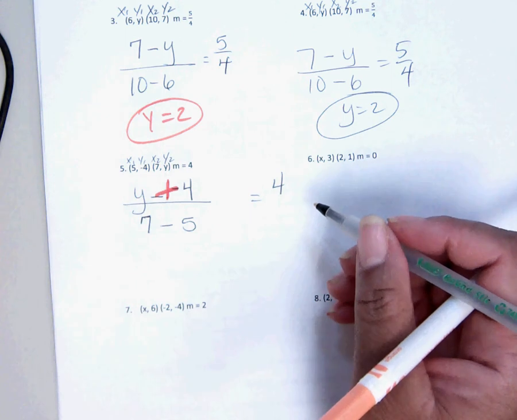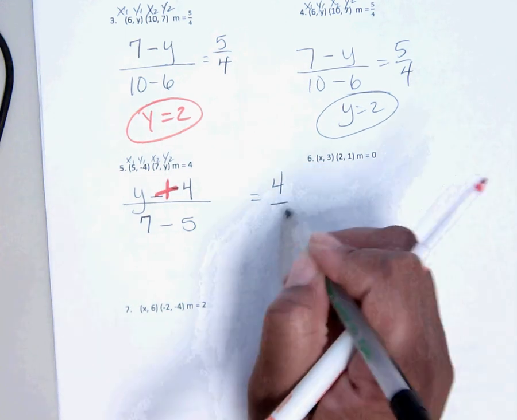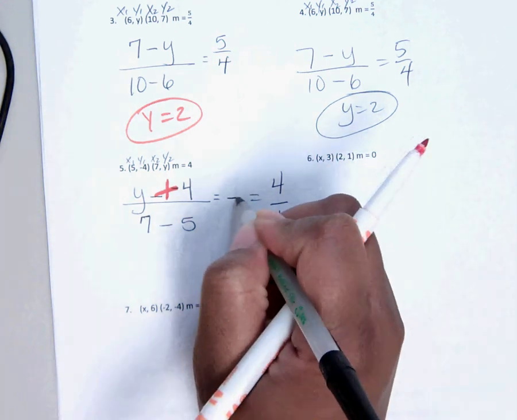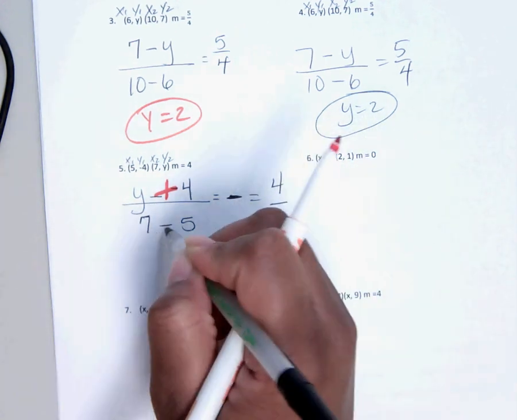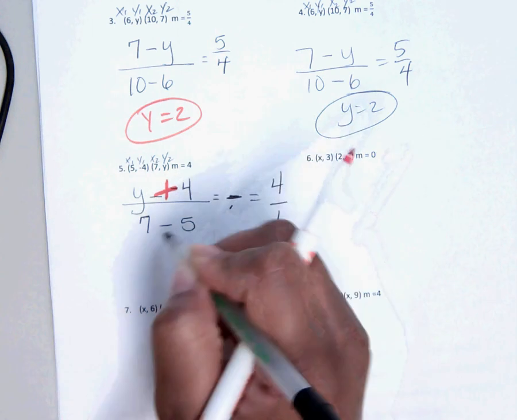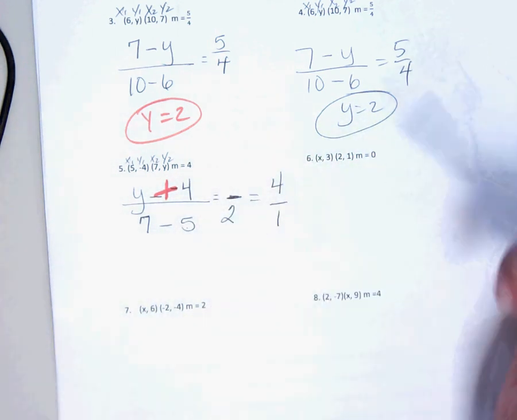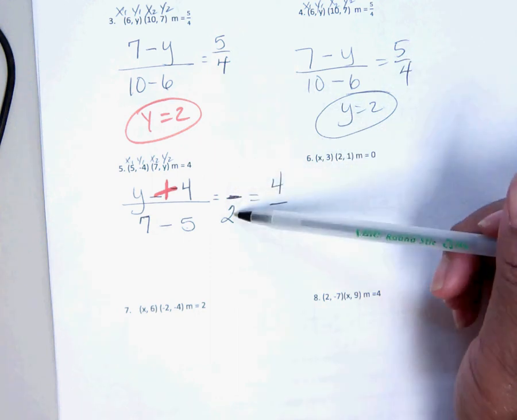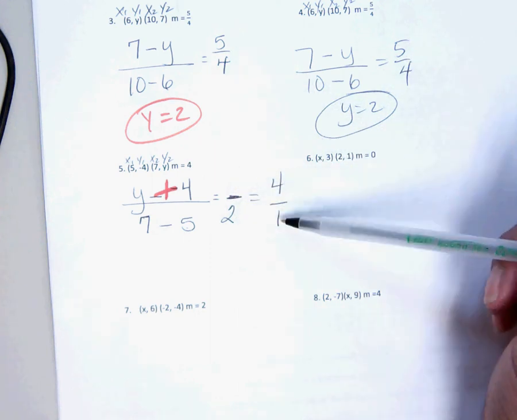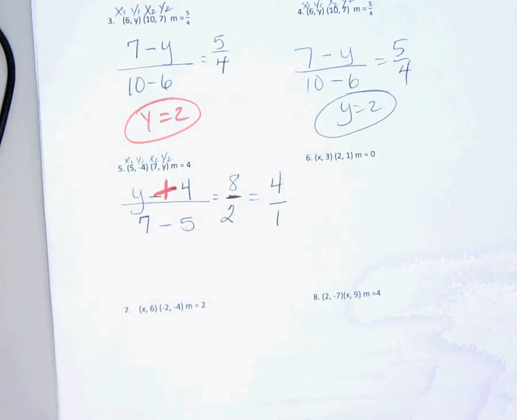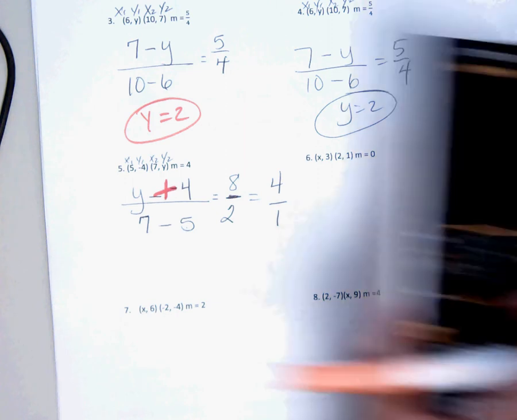And I know that 4 is the same thing as 4 over 1. Okay. And I know that 7 minus 5 is 2. Uh-oh. How can this, with a 2 at the bottom, end up with 4 over 1? Oh, wait. If I made this 8, 8 over 2 is the same thing as 4.